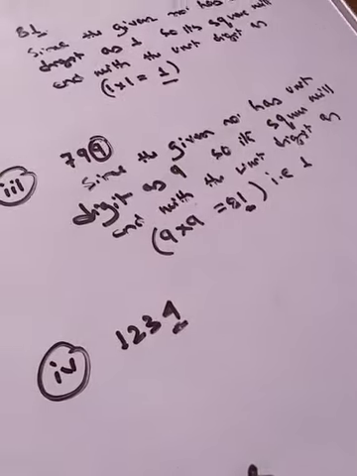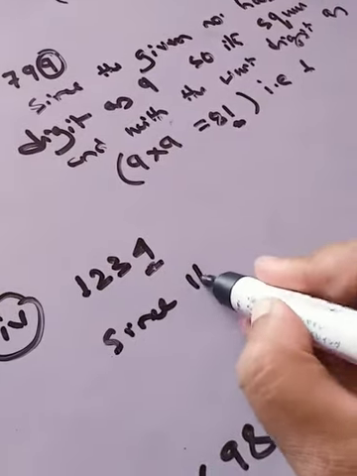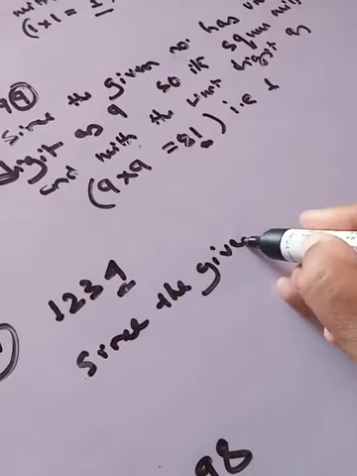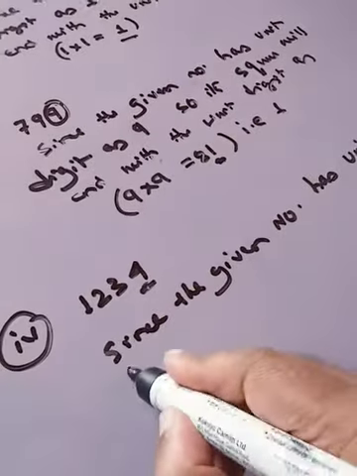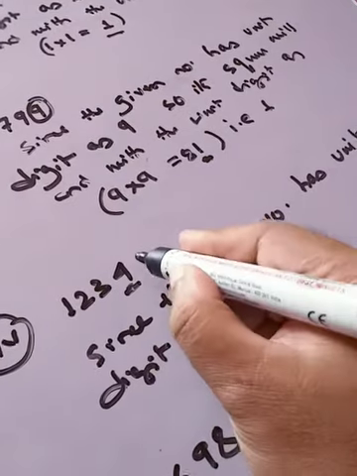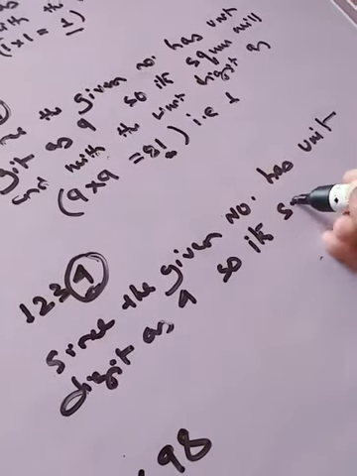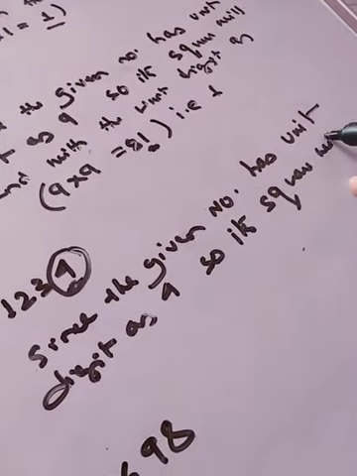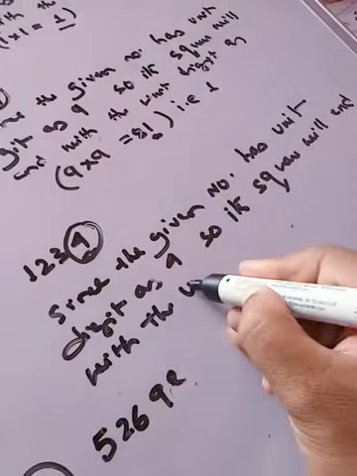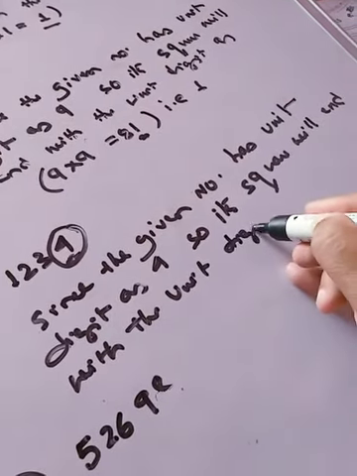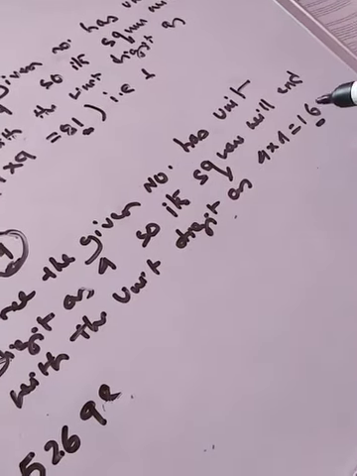That is the reason I gave you those introductions initially. So since the given number has unit digit as 4, its square will end with the unit digit as, what is 4 into 4? 16. So 6 only.